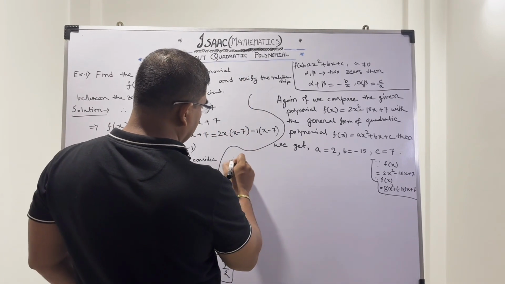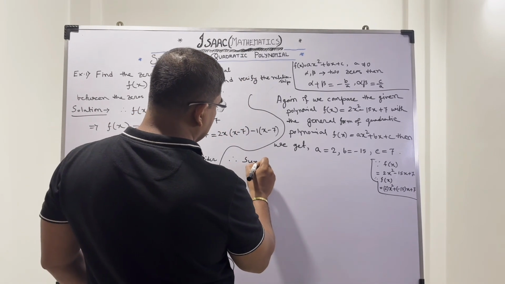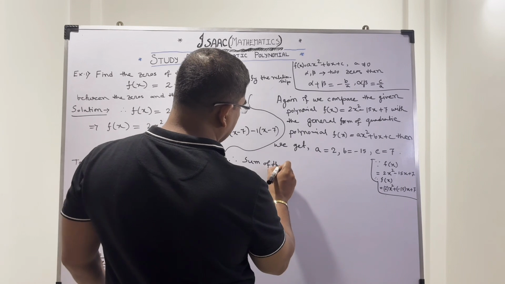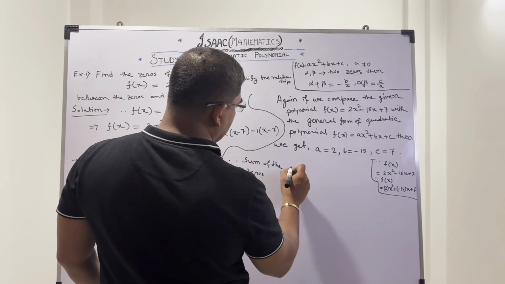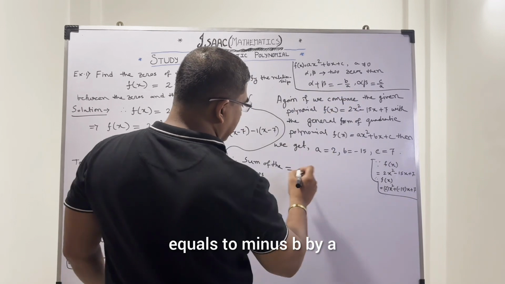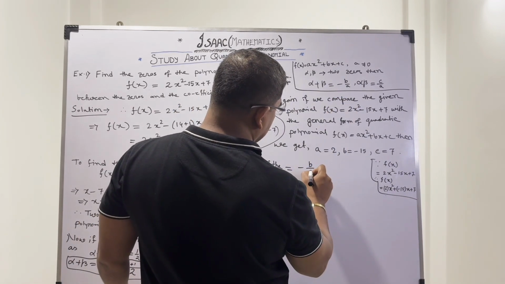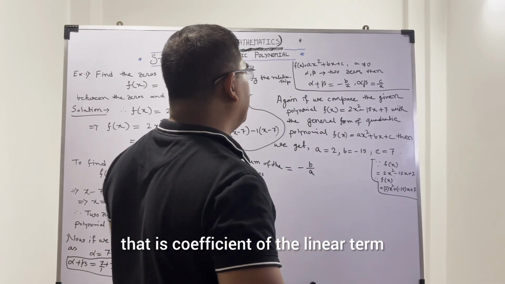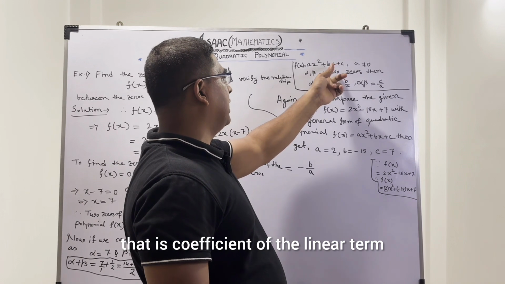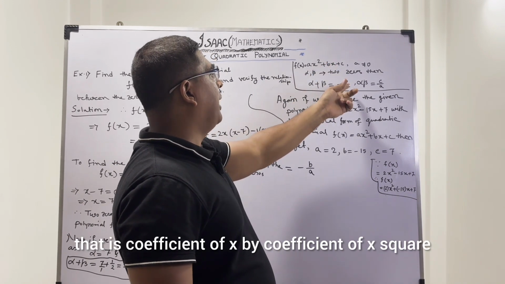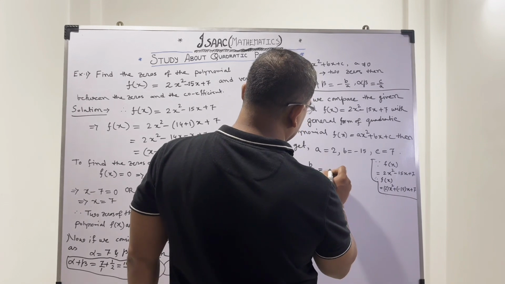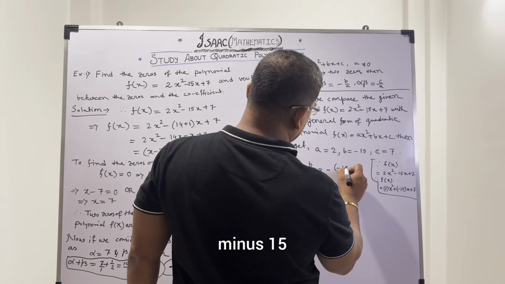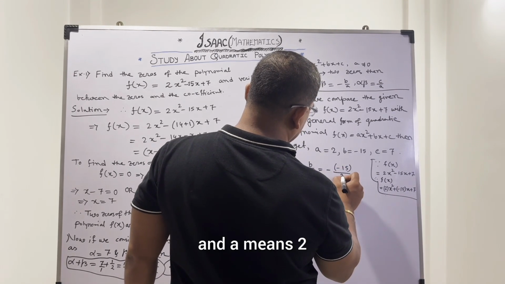Therefore, the sum of the zeros equals minus b by a, that is the coefficient of x by the coefficient of x square. Here b means minus 15 and a means 2.